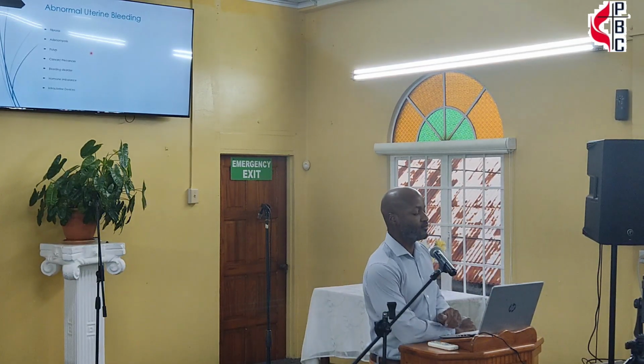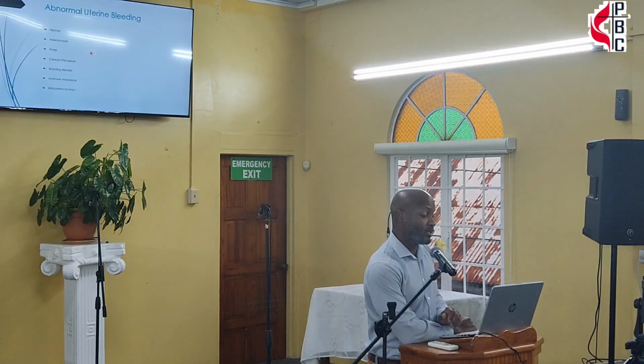So some of the causes of this type of bleeding could be some structural changes, like fibroids. We'll talk about that because that's a common one. A condition called adenomyosis. We'll explain a little bit about what that is, if it's a bit unfamiliar.